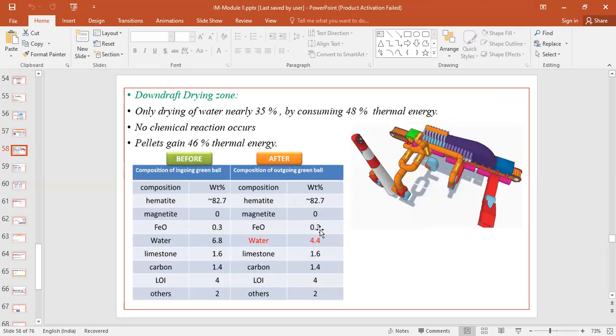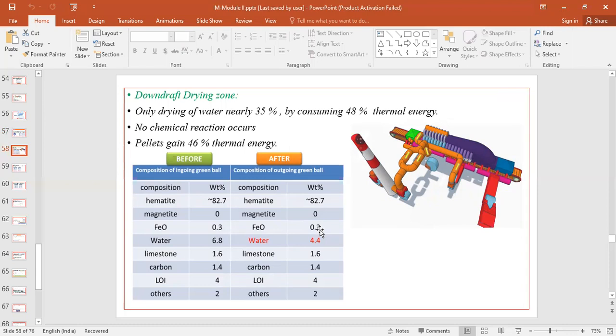The only difference between the updraft drying zone and the downdraft drying zone is that in the updraft zone the lowermost layer of the pellets gets dried off first, and it gains strength.